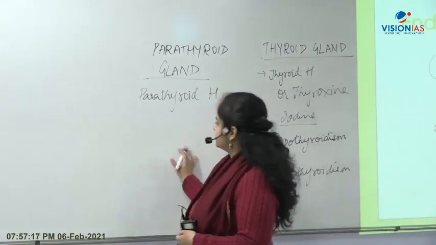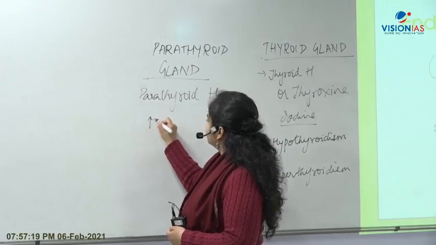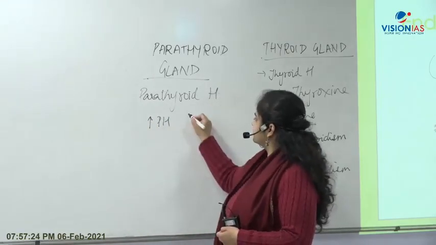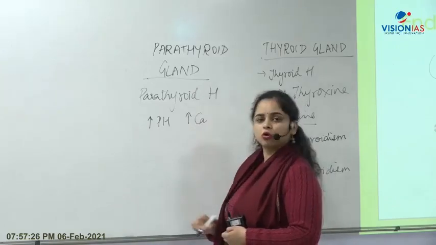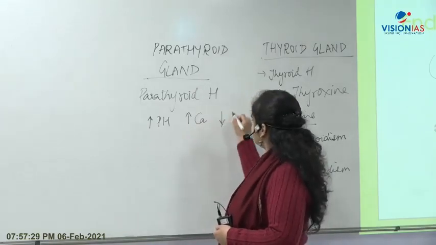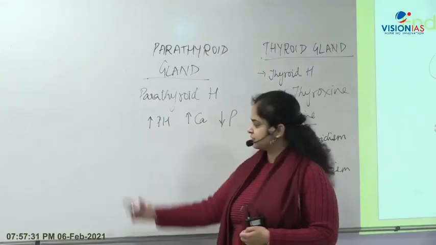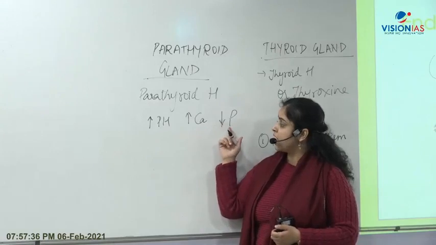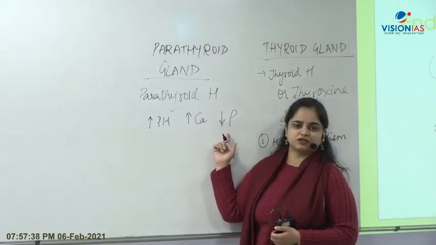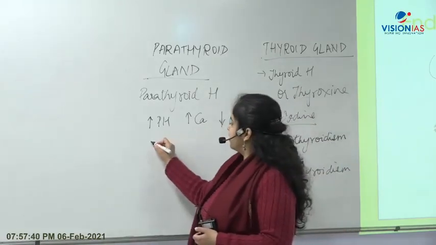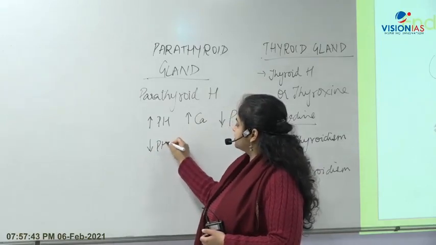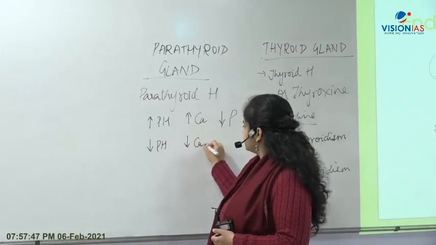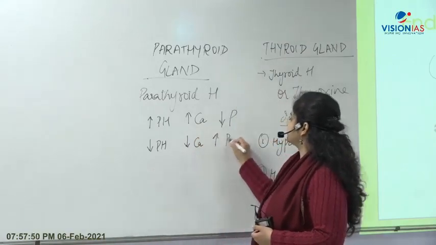What happens here? Just take a look. If parathyroid hormone increases, then what we see is that calcium levels also increase, but phosphorus level decreases. This is the correlation. With parathyroid hormone, calcium has a direct correlation and phosphorus has an inverse relationship. The opposite case, if parathyroid decreases, calcium also decreases, but phosphorus increases.